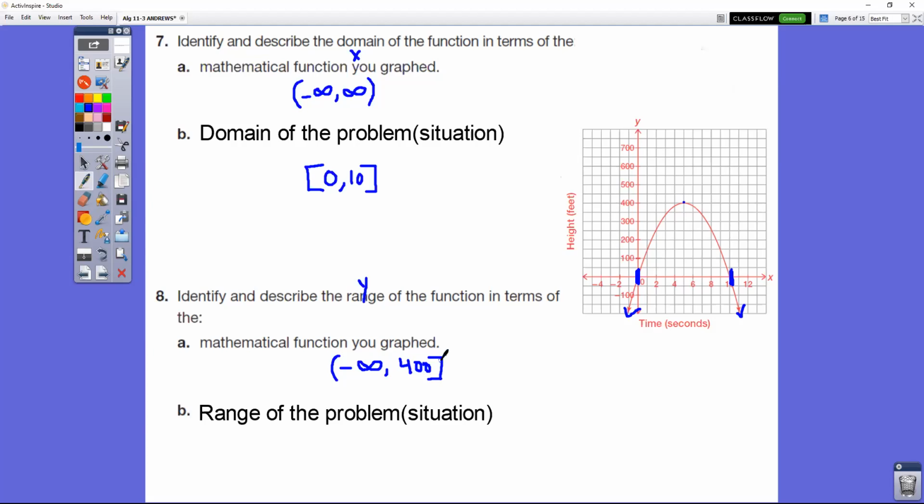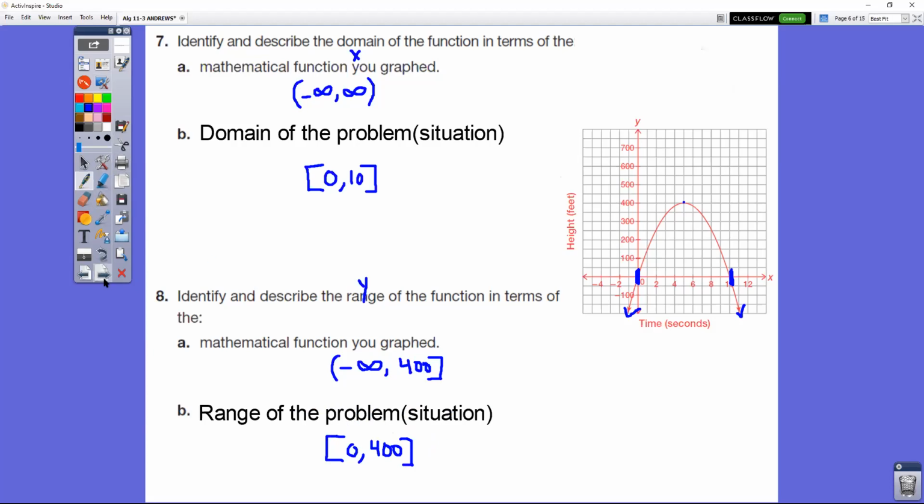It includes that 400 because it reaches 400, because that was our max. Now, the range of the problem situation, it's starting on the ground. So it includes 0 and goes all the way up to 400, and includes that 400.